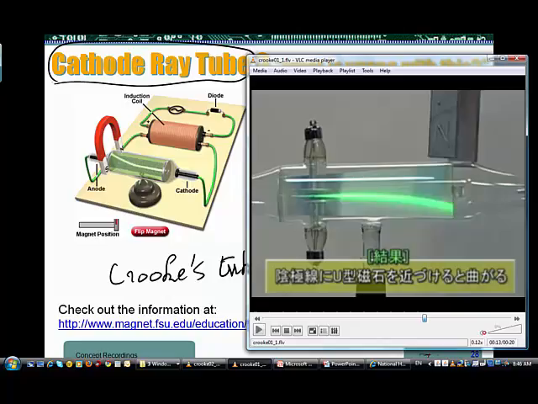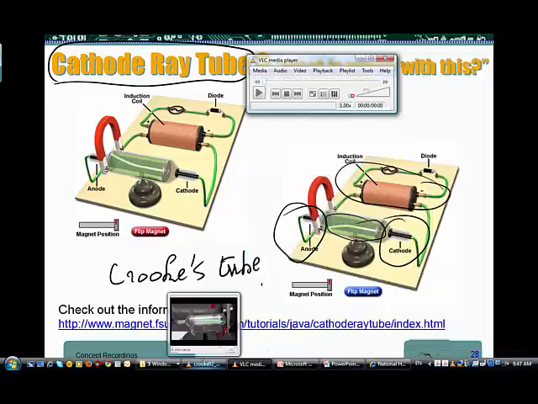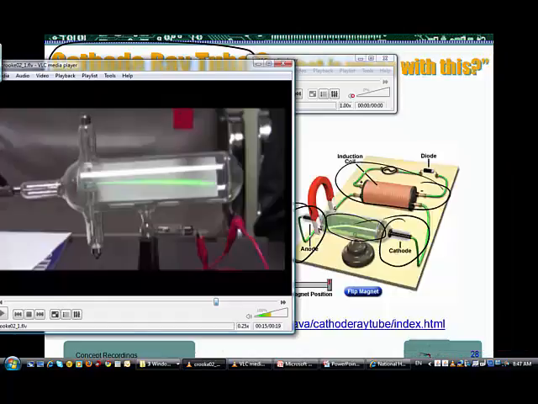Our fingers, representing the direction of the magnetic field, should be pointing perpendicular to the screen, into the screen. And you notice that way our palm is pointing downwards towards the bottom of the screen. And that's the way we see the electrons deflected, towards the bottom of the screen.